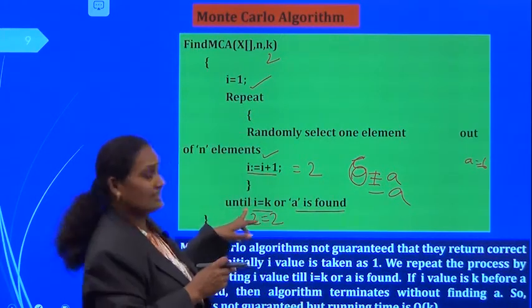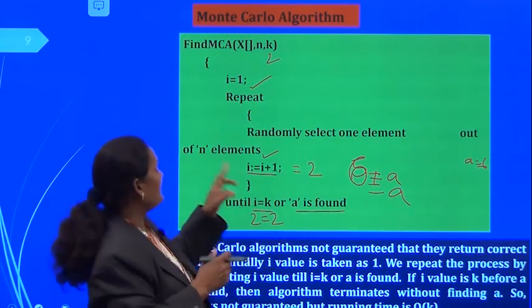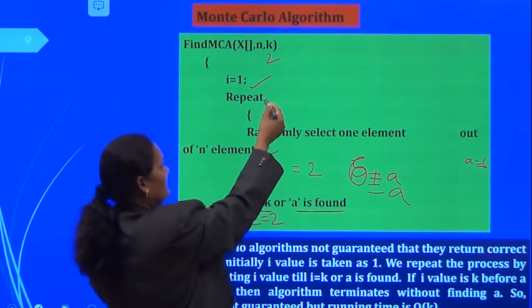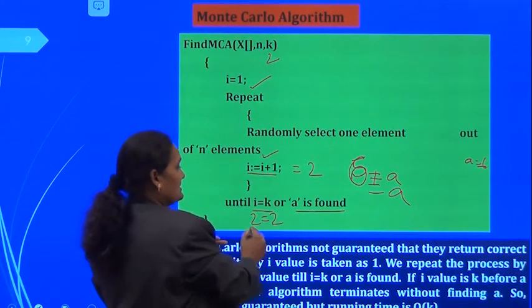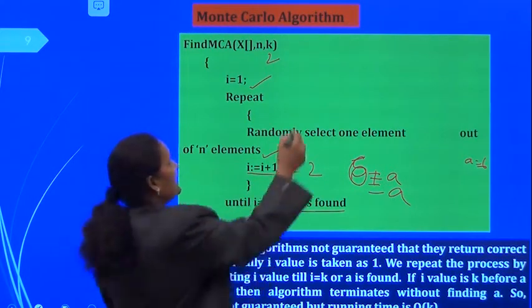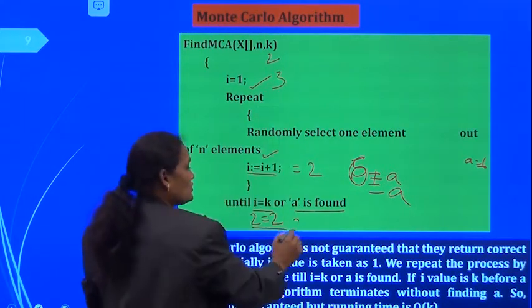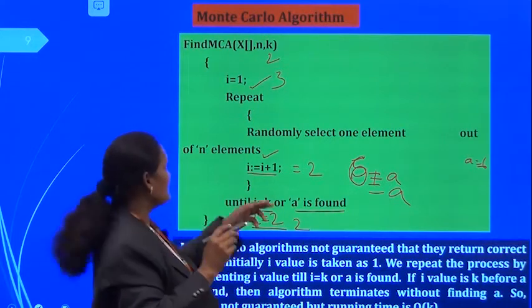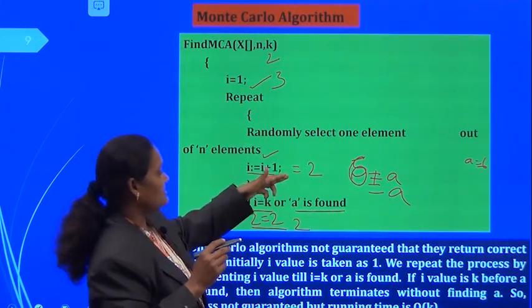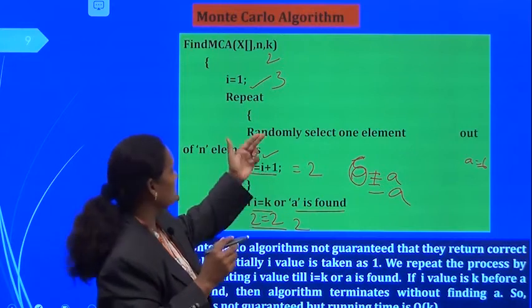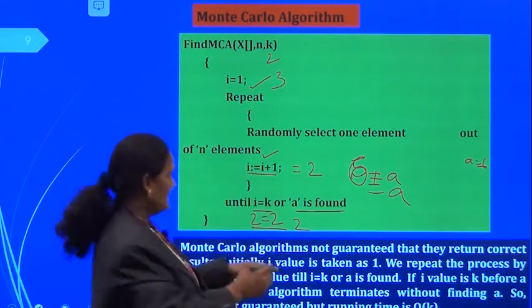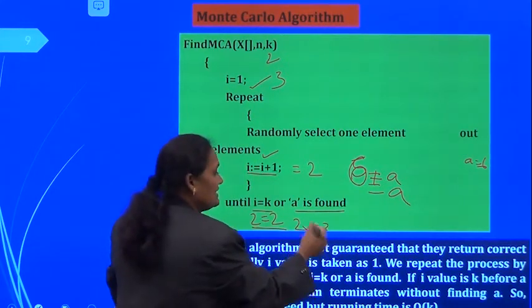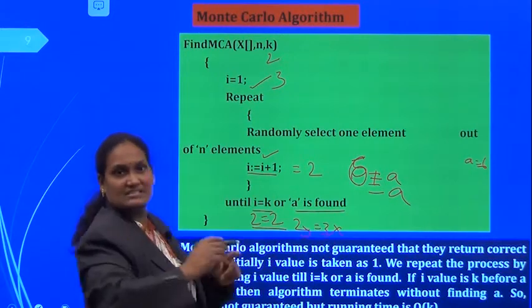So Monte Carlo algorithms have some probability of incorrect output, but I can predict their time complexity. Suppose, for example, if k is equal to 2, within one step the algorithm is terminated. If k is equal to 3, within 2 steps the algorithm is terminated, since the i value is incremented to 2 for the second step and to 3 for the third step, so i becomes 3 and the algorithm is terminated.